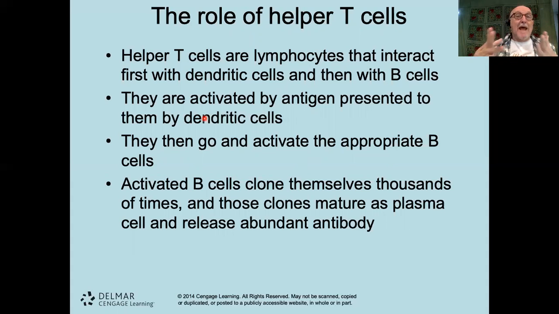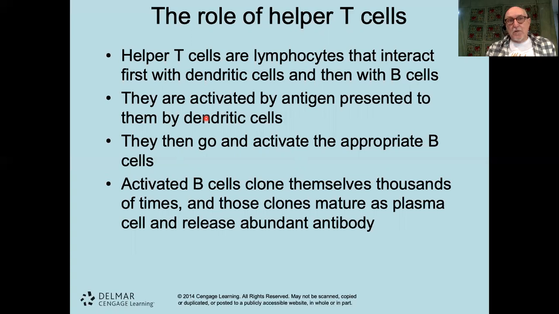The person who's had a second exposure to the infectious agent most times won't even know that they've been exposed. Their immune system responds so quickly and so effectively that the infection is dealt with, is eliminated before they even know it. So that is the principle of vaccination.